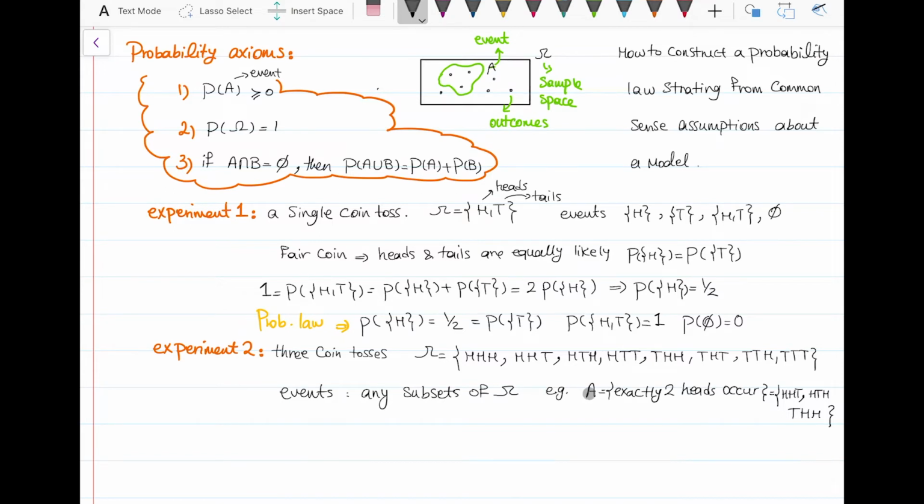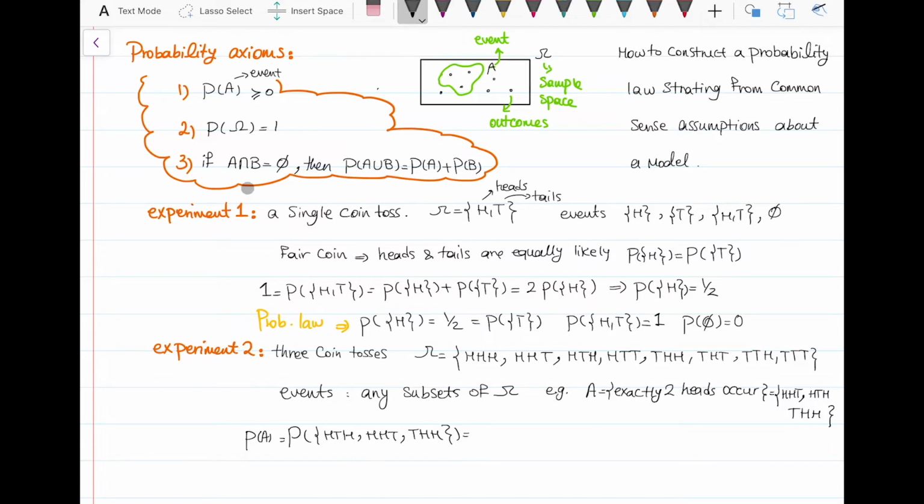Now let's talk about the probability of A to see what we got. The probability of A, which is head, head, tail; head, tail, head; and tail, head, head.